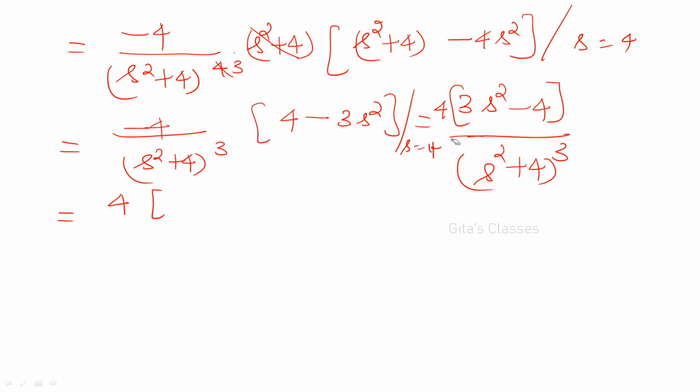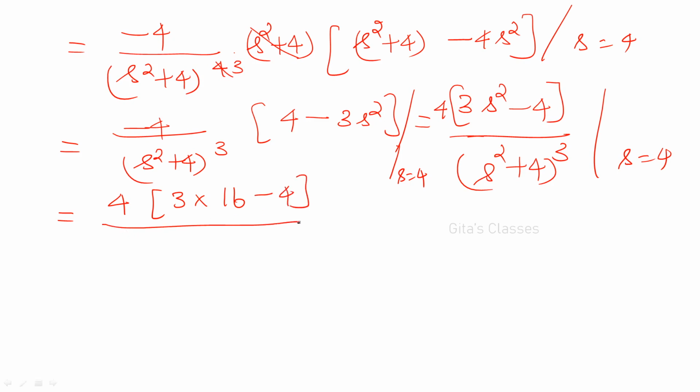Here also at s is equal to 4. So now in the place of s you substitute 4. So 3 into s squared, that is 16, minus 4 divided by 16 plus 4 the whole cube.